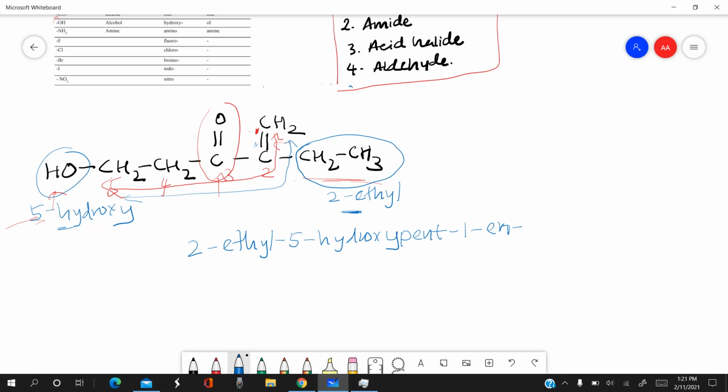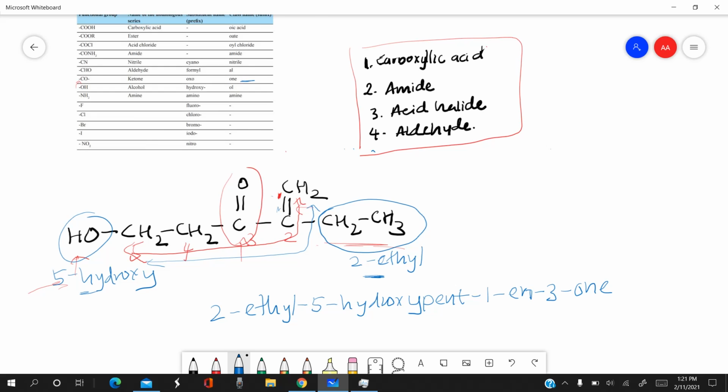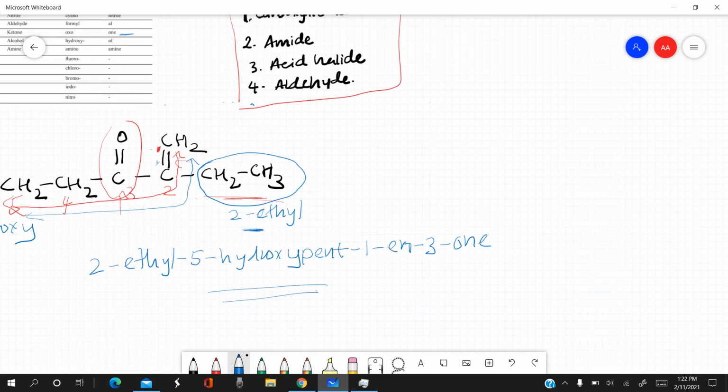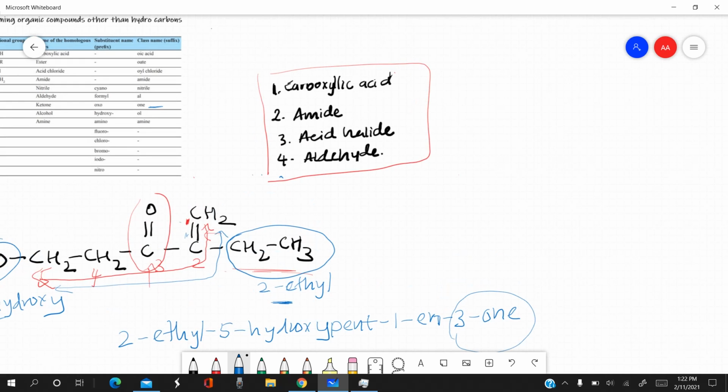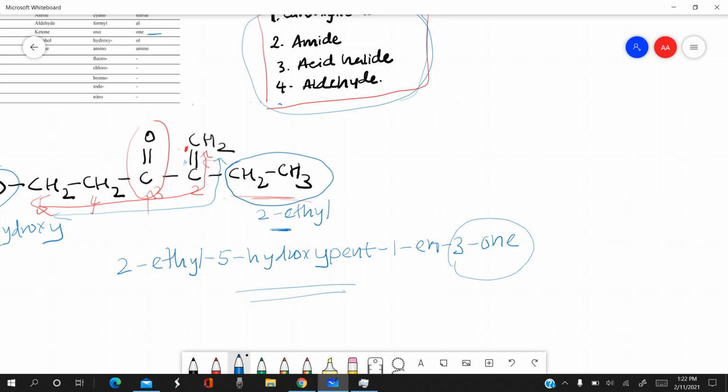Ketone is present at the third carbon, so 3-one. Suffix is one. That's it. And I am indicating the number for ketone because it's not one of the 4 functional groups which always gets the number 1 when it's present as the major functional group. So for such groups we need to indicate the number.